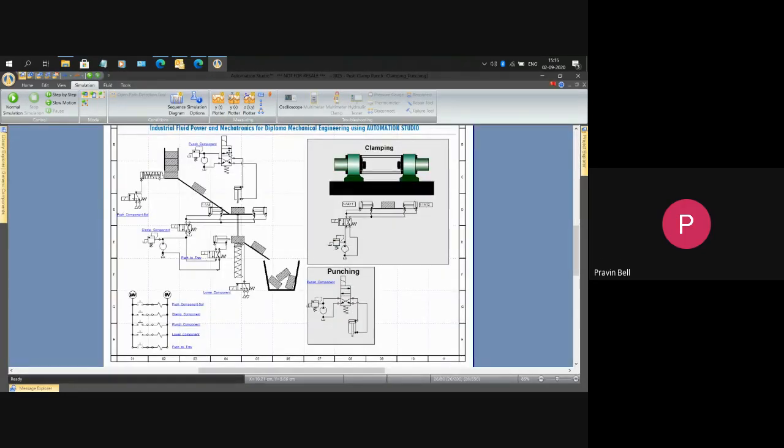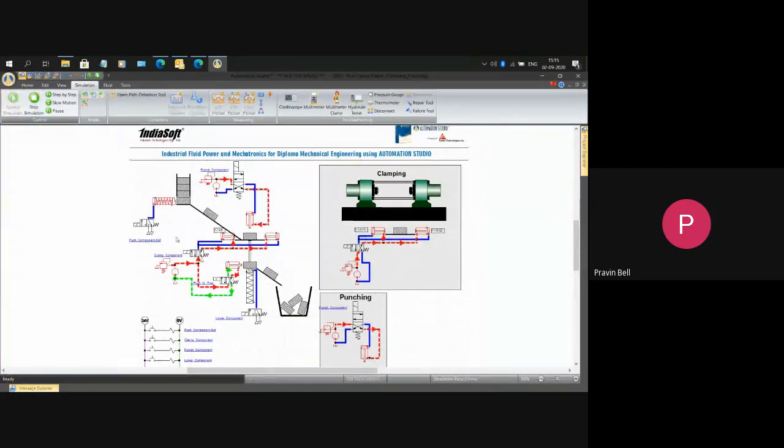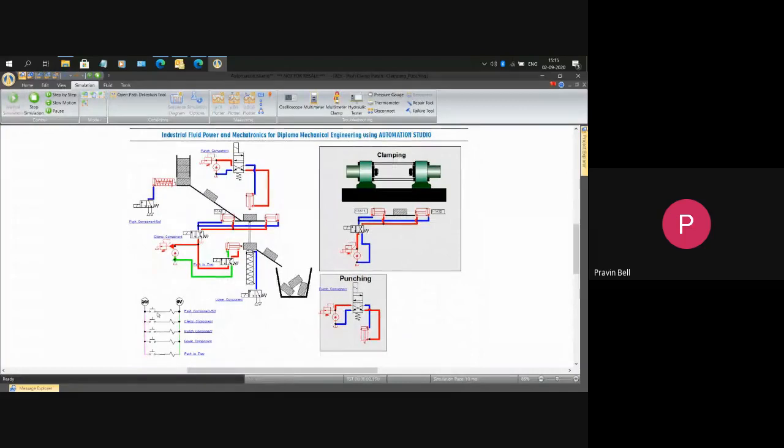For example, this is a mechatronic system, electrical control based: push, clamp, drill, lower. So the first cylinder will push the part onto the working table. The second one will clamp it. The third one will drill the particular part.